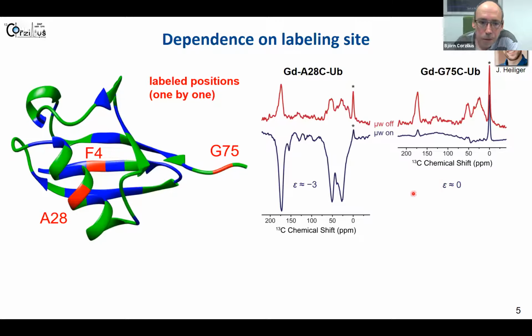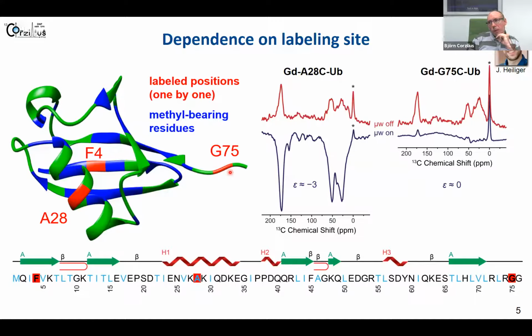And the reason for this difference is that A28C is situated here, right at this alpha helix, so it's really close to the core, whereas G75 is the second to last amino acid in the C terminus. And this is rather flexible. So this gadolinium tag can adopt a really flexible conformation and can stick out away from the protein. So the distance here is much, much larger.